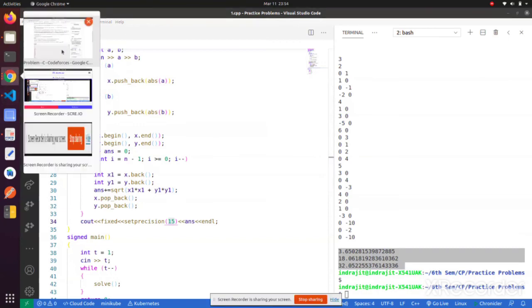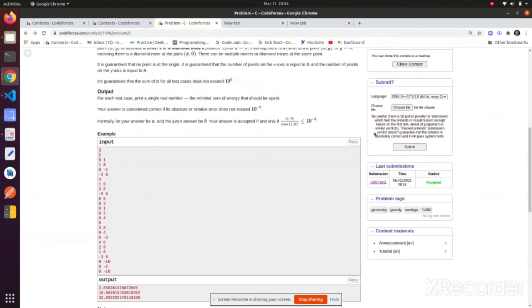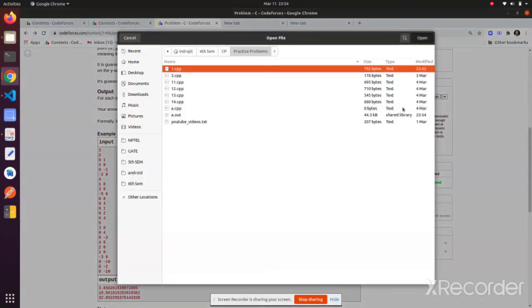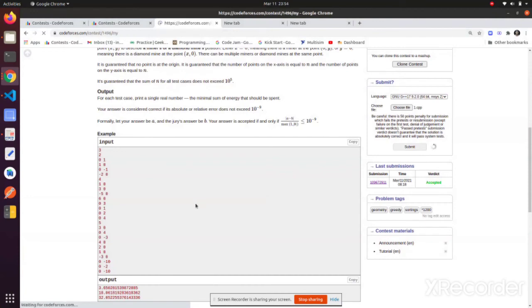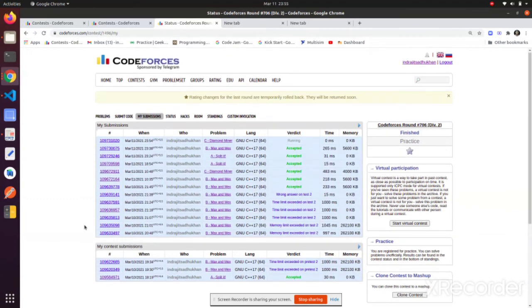So I think this is correct. Yes, this is correct, and I will submit the code now. This is taking some time to submit.